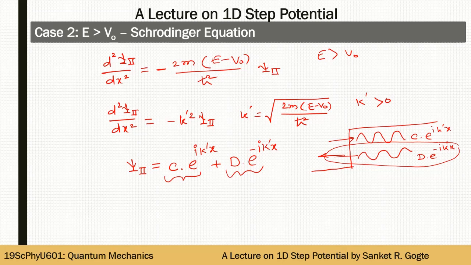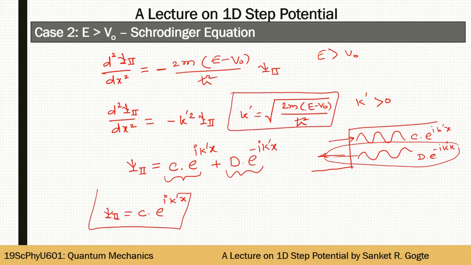There is nothing in that region which can reflect the wave, and therefore psi 2 is simply c into e to the power i k prime x, where k prime is, remember, I have written it, so I'll simply draw a box around that k prime. So this is k prime, and this is our solution in region 2.